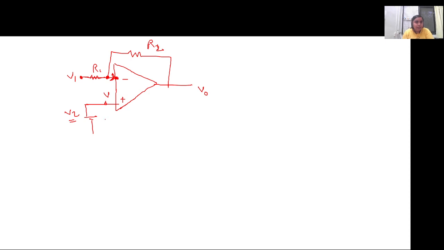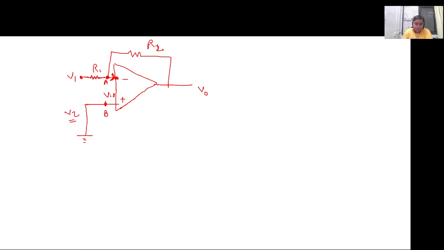Or if it is connected directly to the ground instead of a voltage source, then this will be equal to 0, and we will assume the voltage at this point A and this point B to be the same, because this is an ideal op-amp. So this is how we'll be going forward with all the circuits.